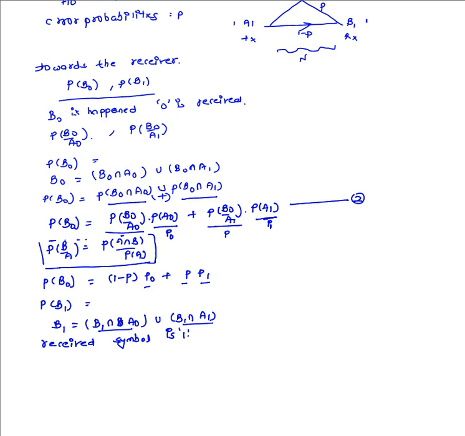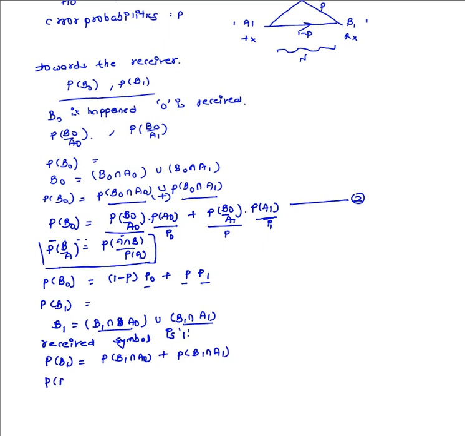Of course, there are only two cases possible: 0 transmission and 1 transmission. Now from this expression, b1 can be written as the sum of the events b1 intersection a naught and b1 intersection a1. Taking the probability on both sides, P of b1 is equal to probability of b1 intersection a naught plus probability of b1 intersection a1.